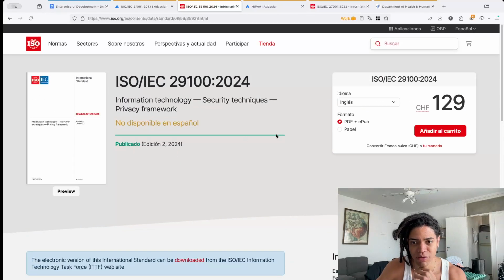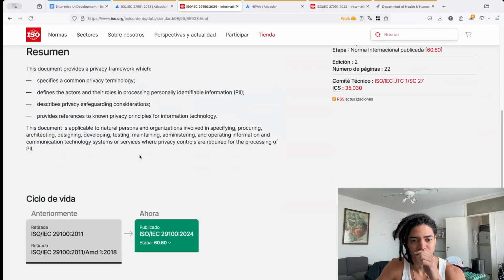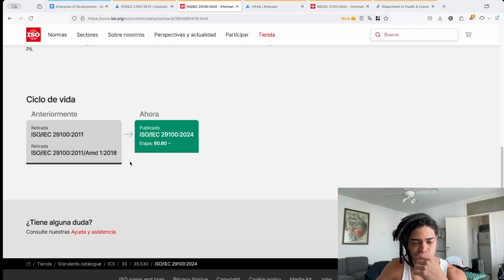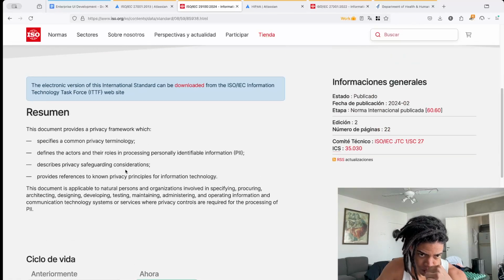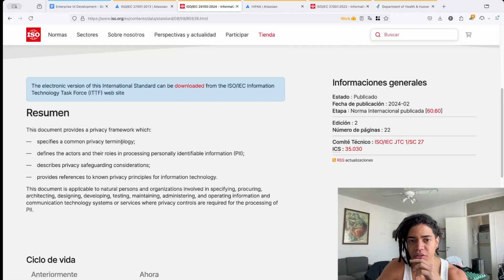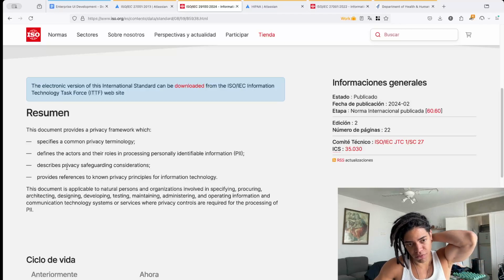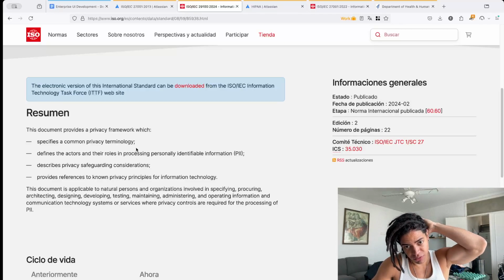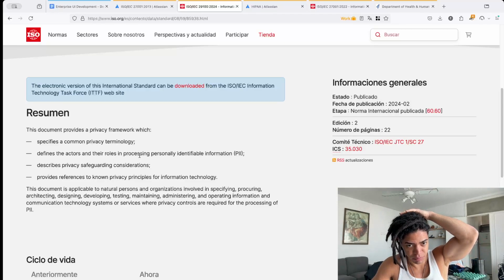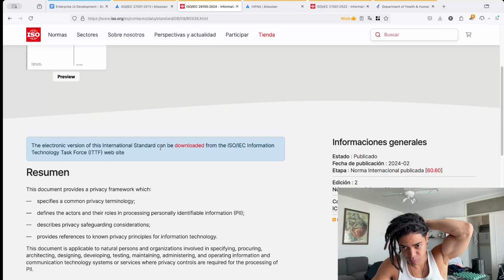It specifies a common privacy terminology, defines the actors and their roles in processing personally identifiable information, describes privacy safeguard considerations, and provides references to known privacy principles for information technology.